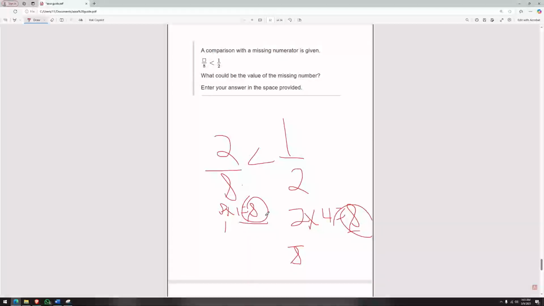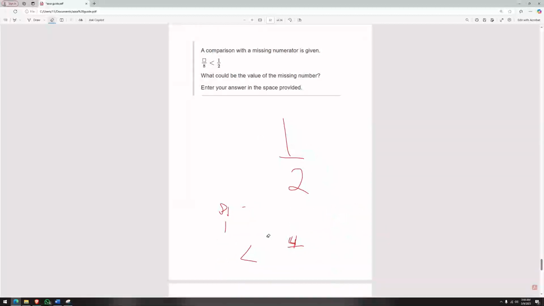Ahora, what is the next step? A ver, vamos a multiply. Let's multiply everything by 1. Stay the same. 2 eighths. Y este 1 times 4, 4 eighths otra vez porque pues es la misma. Siempre van a ser estas dos. Ok, now 2 eighths is less than 4 eighths. El 2 puede ir.